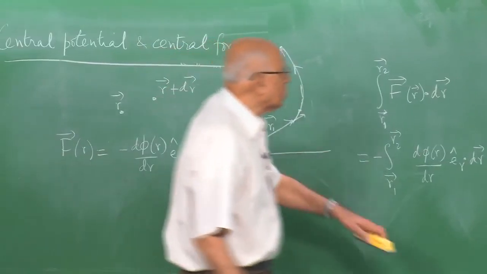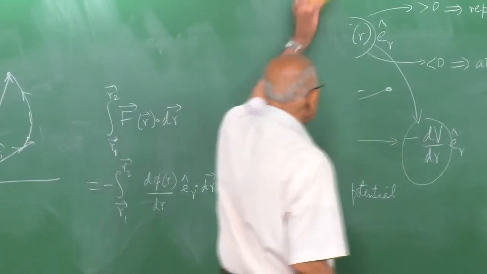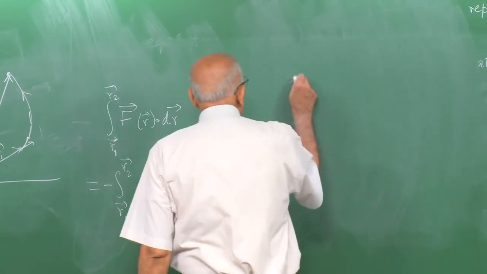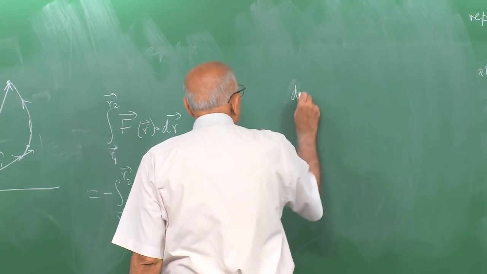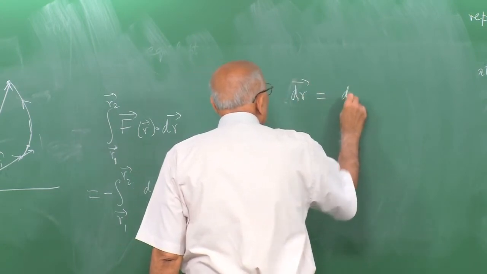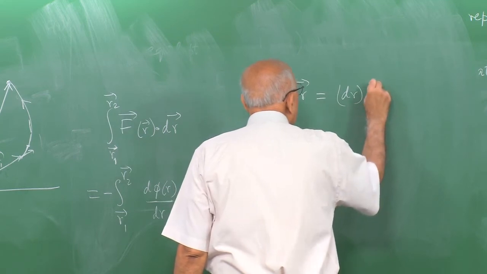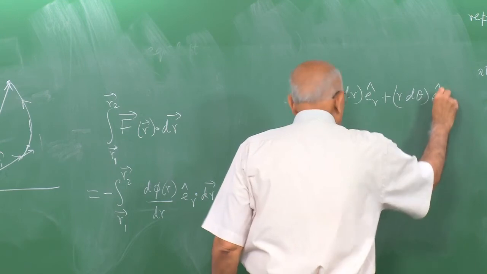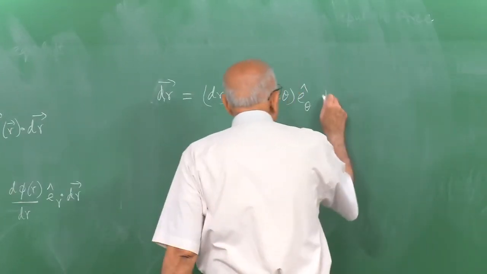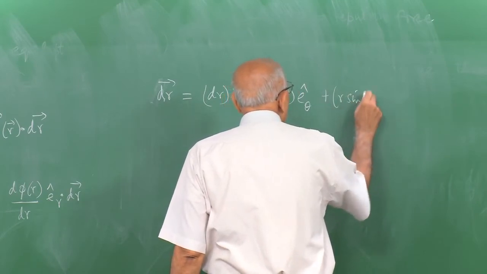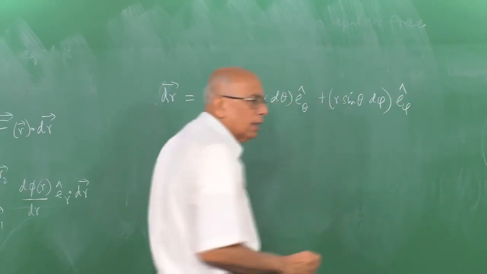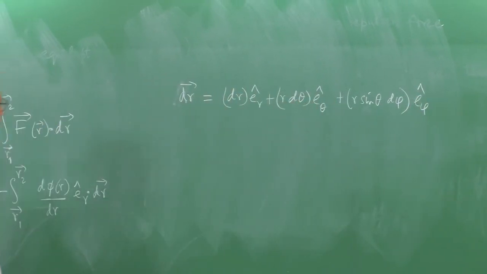But look at what happens to dr. We know in general that dr is equal to dr times the unit vector in the radial direction, plus r d theta times the unit vector along the increasing polar angle direction, plus r sine theta d phi e_phi, the unit vector along the direction of increasing azimuthal angle.